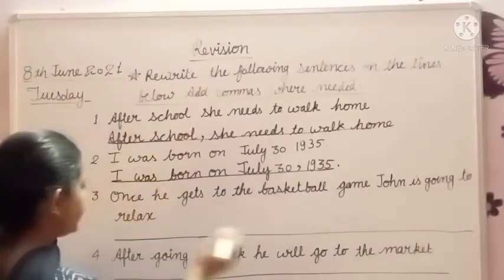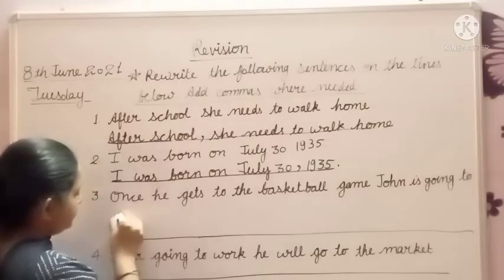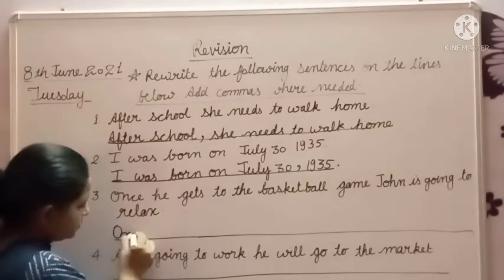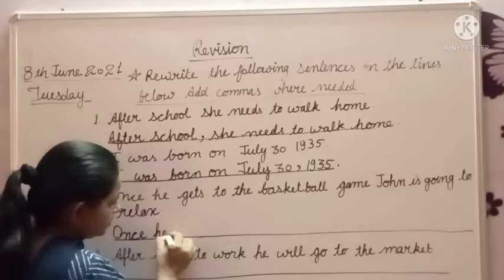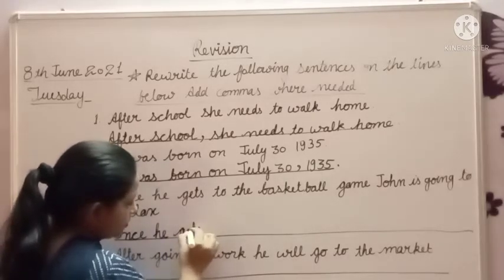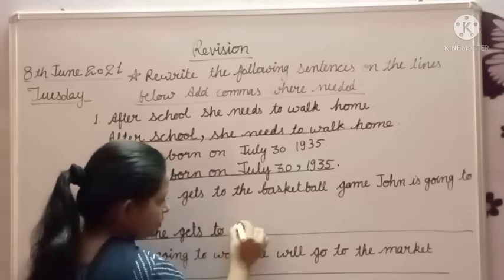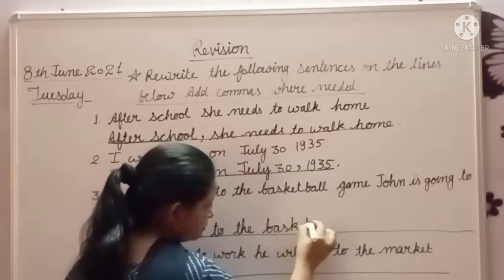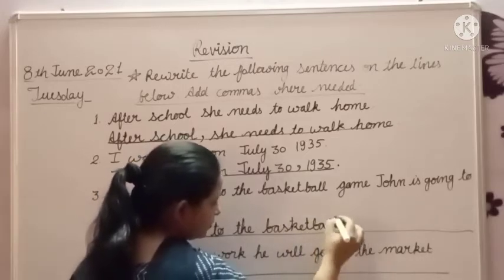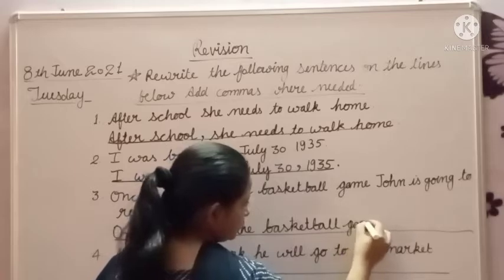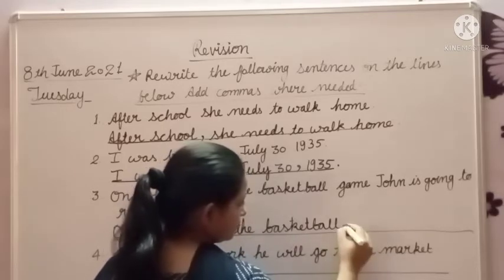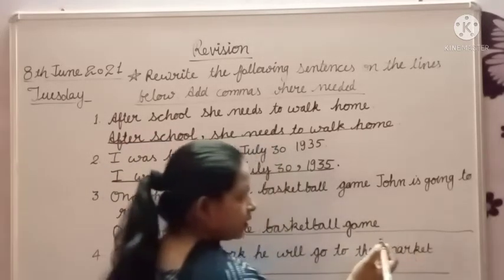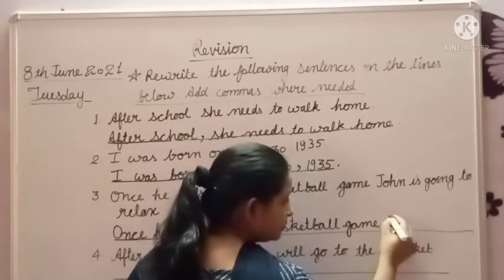We will rewrite the sentence using a comma in the correct place. Once he gets to the basketball game, John, before John we will put a comma.